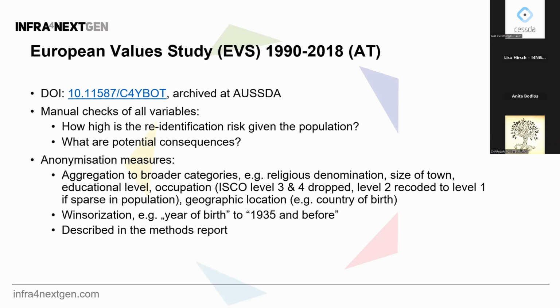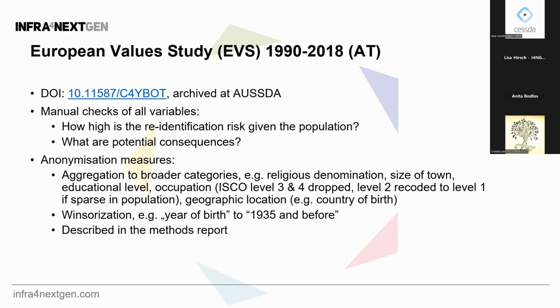One example is the aggregation to broader categories, for instance, religious denomination, the size of town, the educational level, and the occupation. For occupation, ISCO levels 3 and 4 were dropped and only ISCO level 2 was kept, and recoded to ISCO level 1 in certain instances.